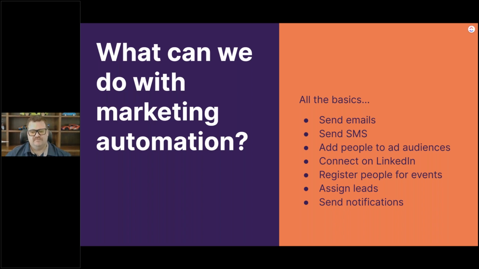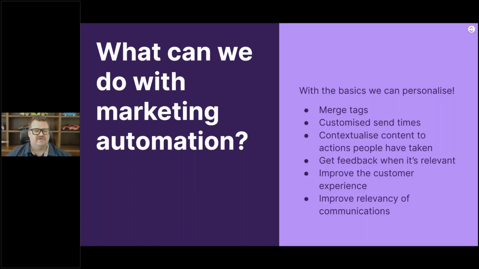So basics are cool, right? But let's push this a step further. We can use merge tags, okay? So simple things like name, company name. We can customize the send time of the email. So now we're getting interesting.